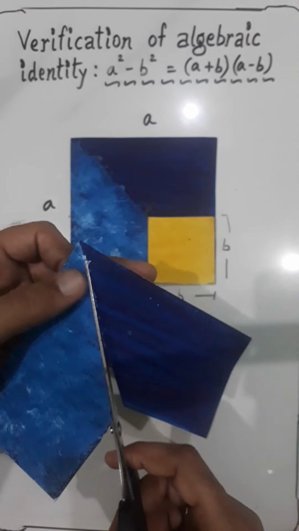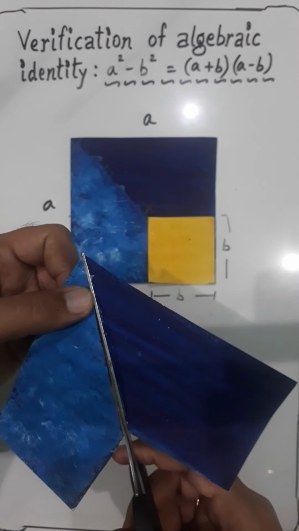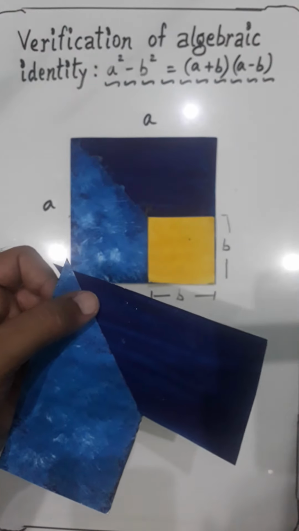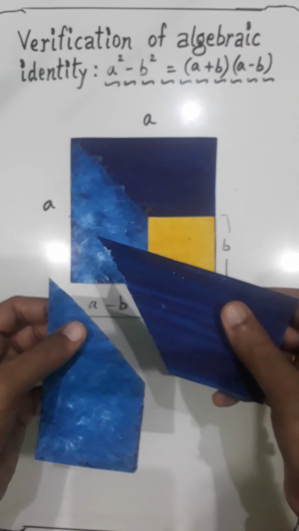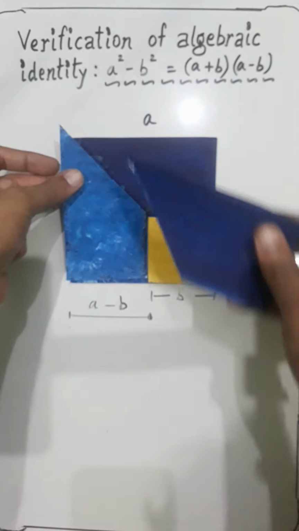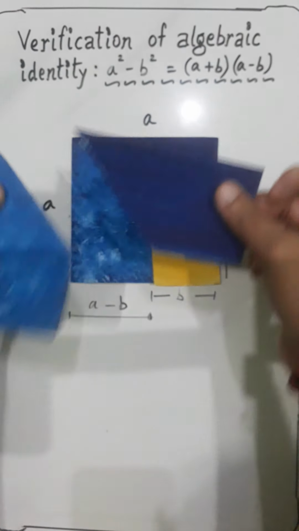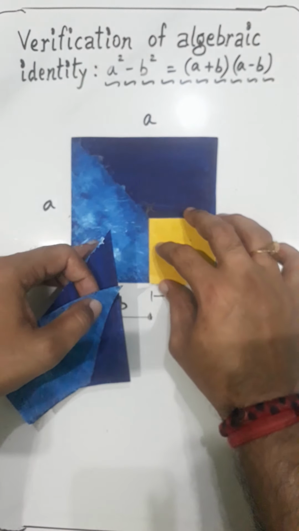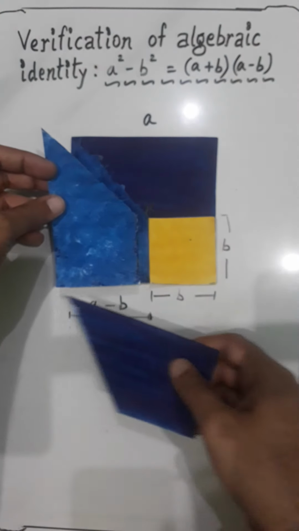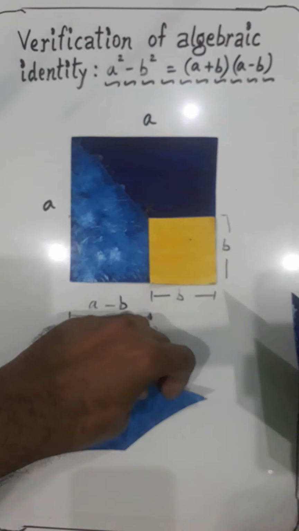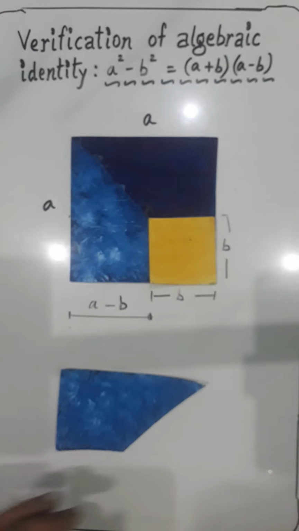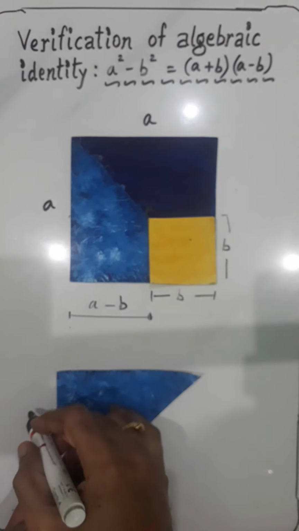Now when I have cut this, this is of this measurement, this is of this measurement. After cutting, if this was a minus b, it means that this portion is a minus b.